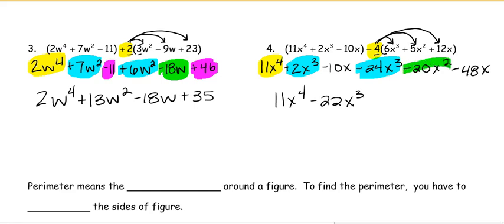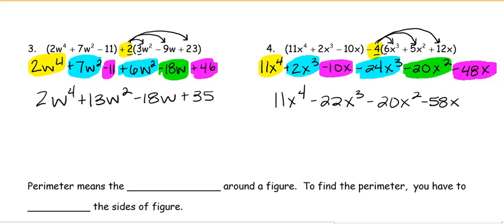And then we have x squared. There's nothing else to combine with that, so we're just going to bring it down. And then we have negative 10x and negative 48x. So we would say negative 58x.